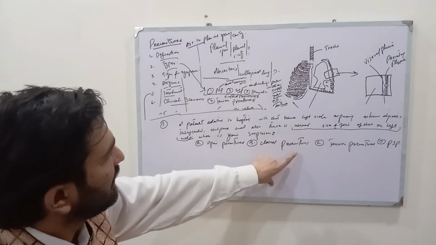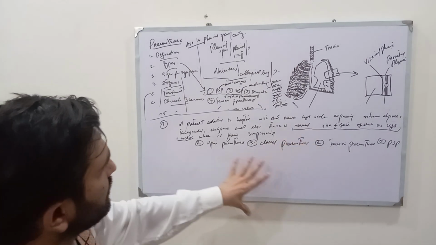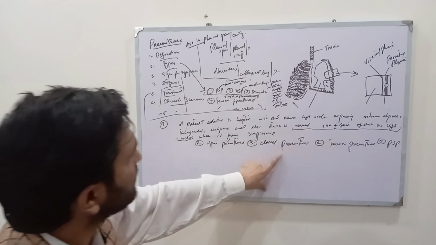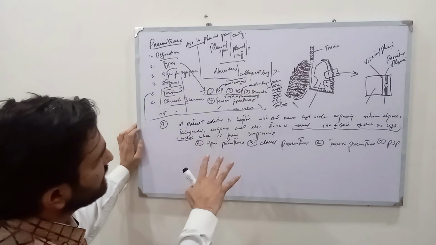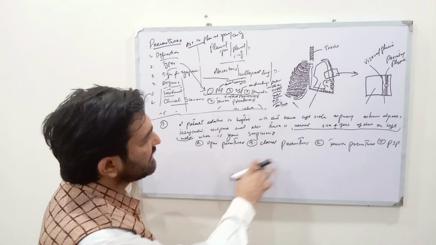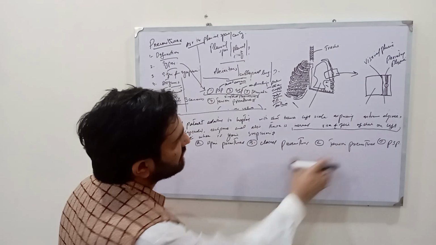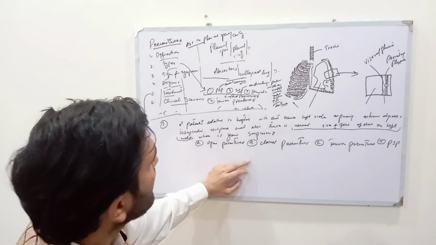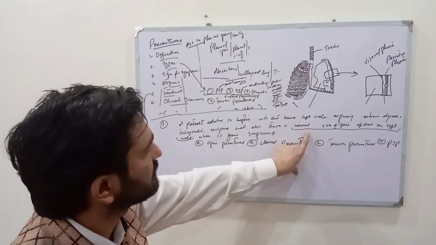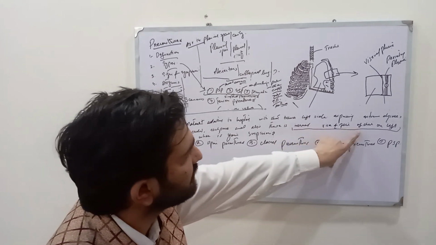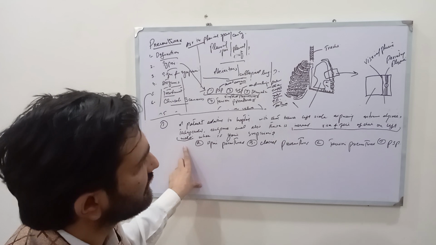Next, in tension pneumothorax, closed pneumothorax, and open pneumothorax, maybe you are thinking that it is tension pneumothorax. But focus on this point, and you can have the answer: unequal rise and fall of chest on the left side.